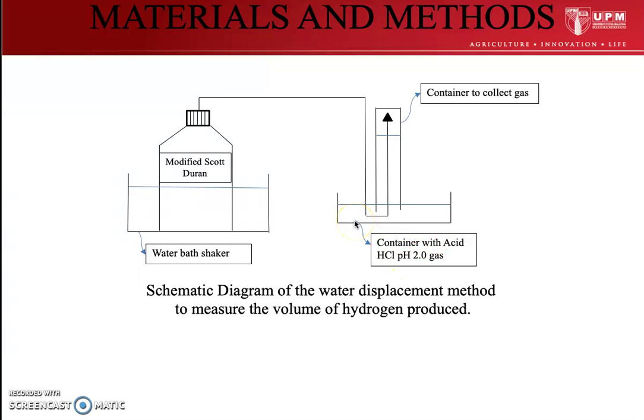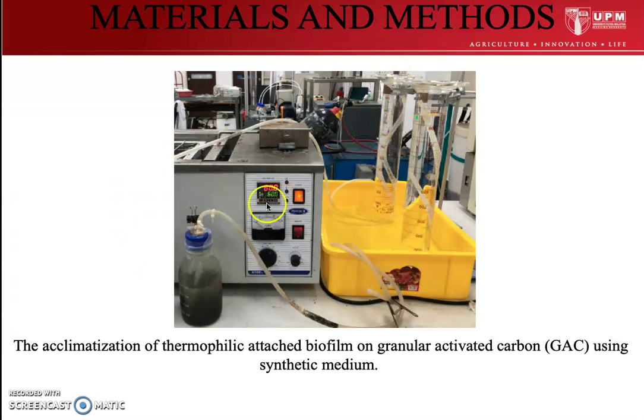I mean, it's deionized water with HCl acid of pH 2. So here is the water bath shaker, and here is the container, and this is the cylinder for the water gas displacement method.